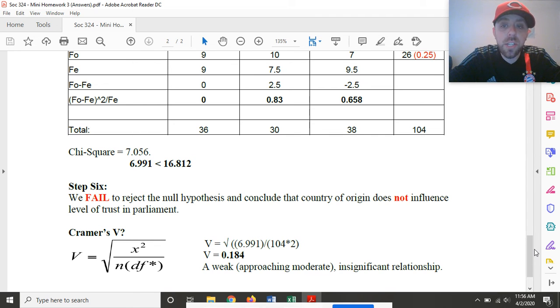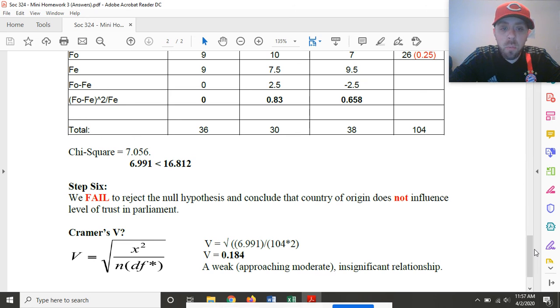So I went with 2 here because that was the number of columns minus 1, which is obviously smaller than 3, which would have been the value for the rows, 4 minus 1. So 6.991 divided by 104 times 2, which is 208. And that gives me a Cramer's V once I take the square root.